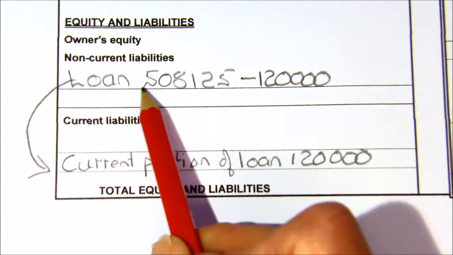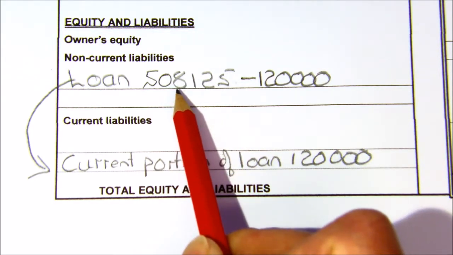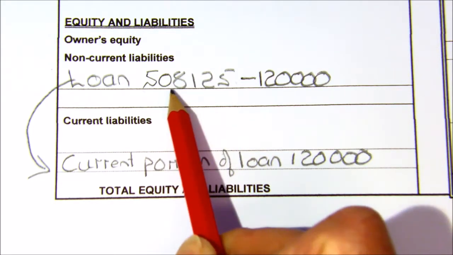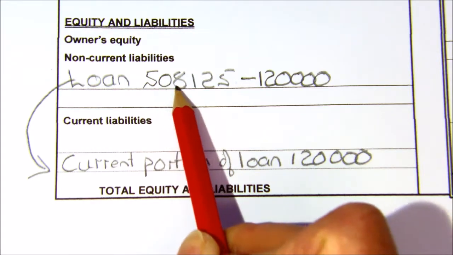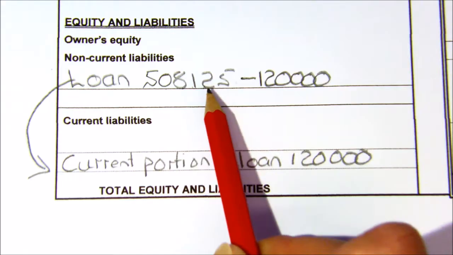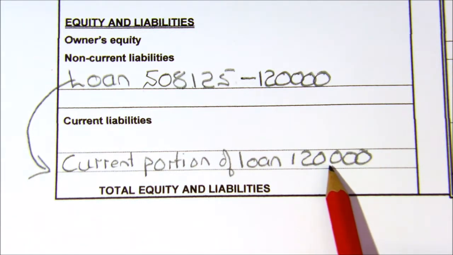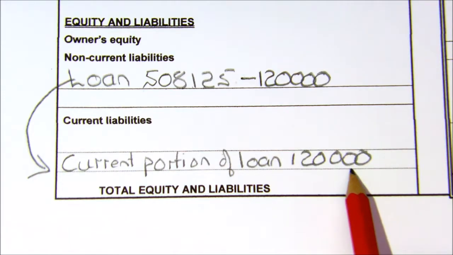You've still got the loan of that amount, and if you were going to do ratios, like for example work out the debt equity, your debt is still 508,125. But the important thing is that you are now planning and making provision for the fact that you're going to have to pay this 120.